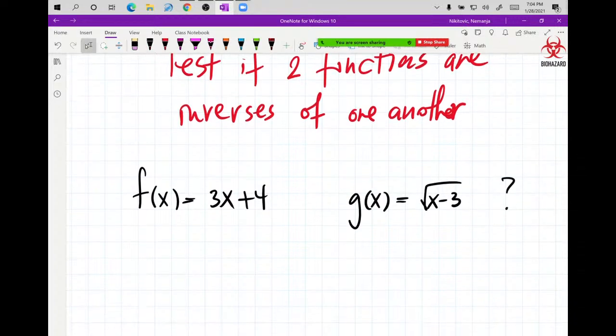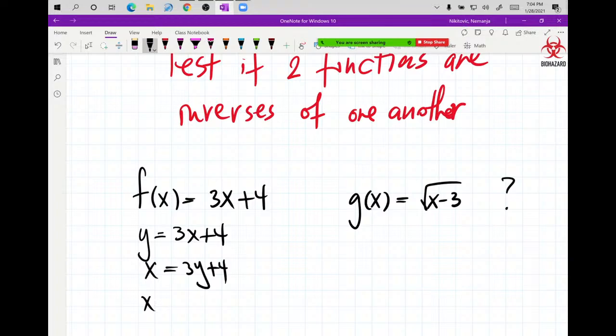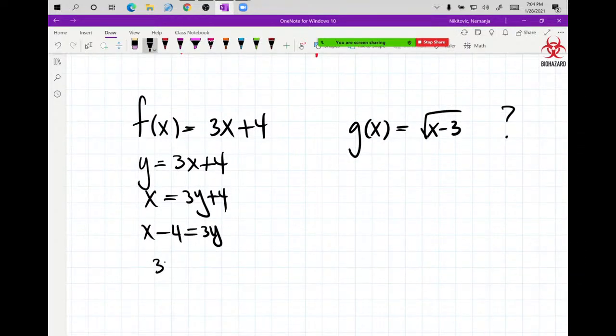Well, one way to figure it out is to actually find the inverse of f and then compare it to what you see with g. And that's going to take us some annoyance. We have y equals 3x plus 4, x equals 3y plus 4, x minus 4 equals 3y, and y equals x minus 4 over 3.